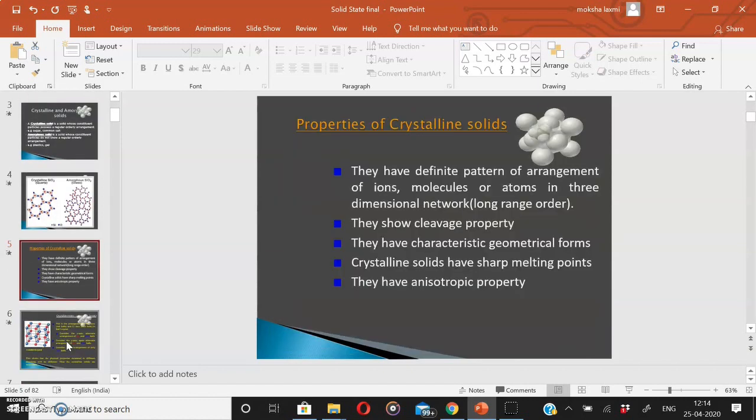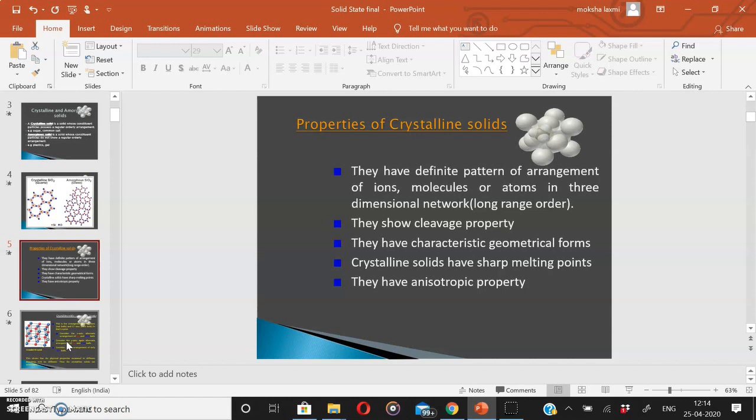Now we'll try to understand the characteristics or properties of crystalline solids first. From the definition, we came to know that crystalline solids have a definite pattern of arrangement of ions or molecules or atoms in a 3-dimensional network.